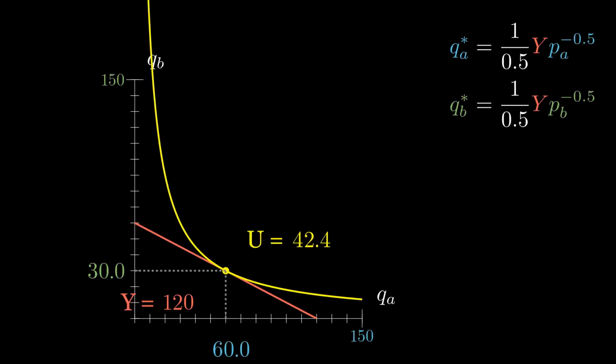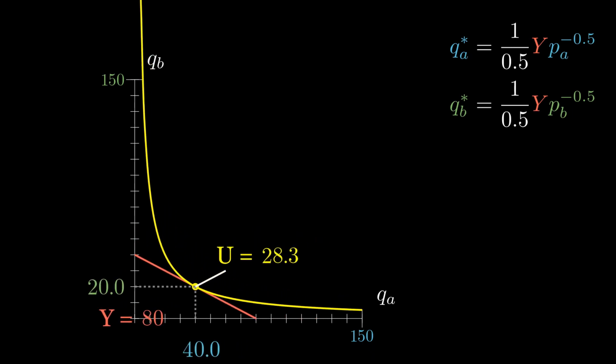When Y is equal to 120, the optimal bundle is 60 and 30. Shifting income inward to 80, our new optimal bundle shifts to 40 and 20, placing us on a lower indifference curve.